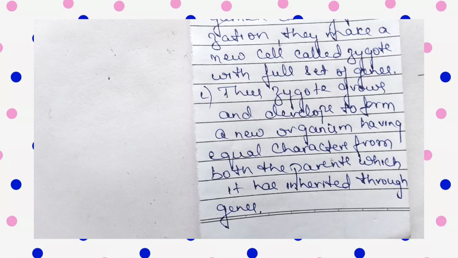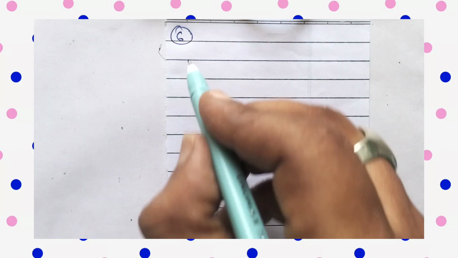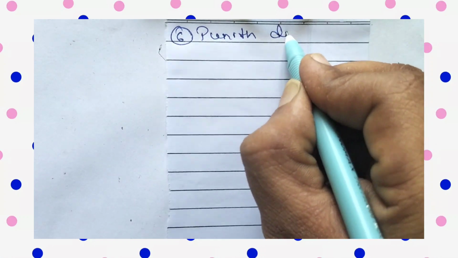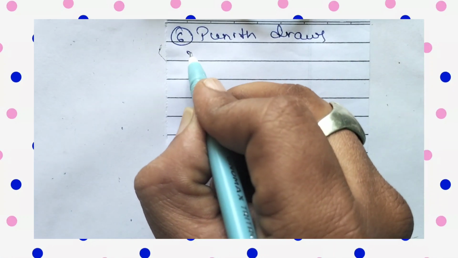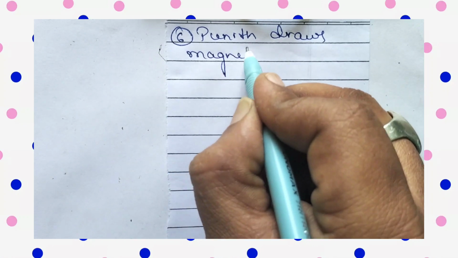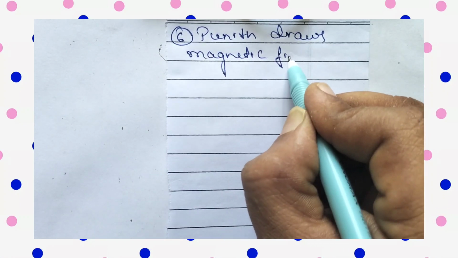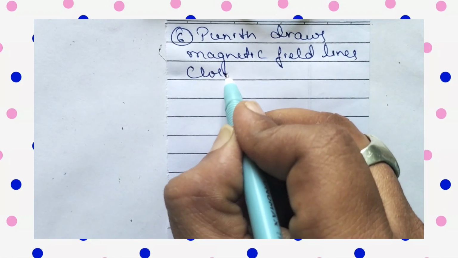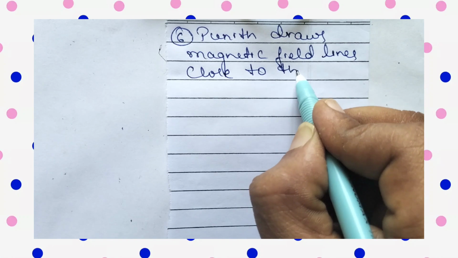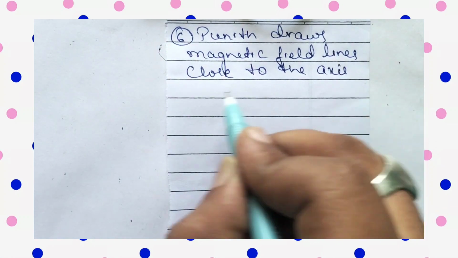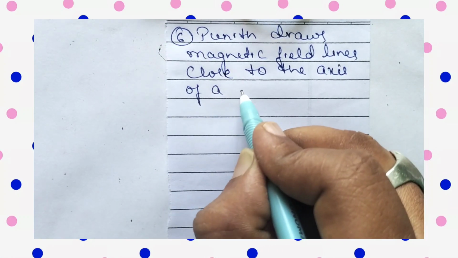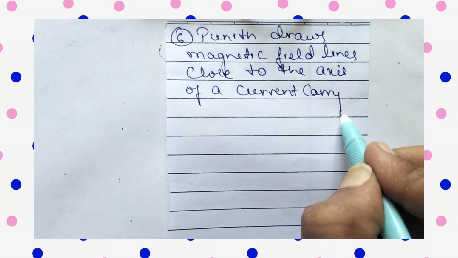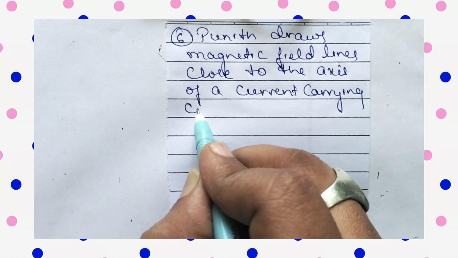Now let us move to question number 6. Sixth question is, Puneet draws magnetic field lines close to the axis of a current carrying circular loop.